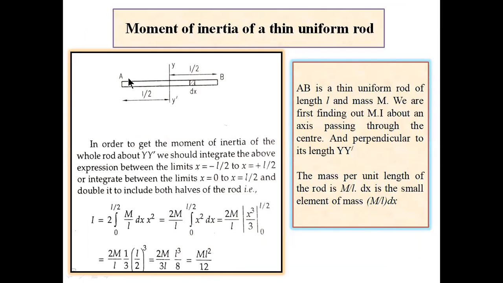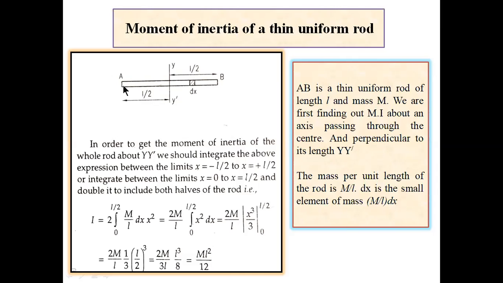Then what is the moment of inertia at the end of the rod? That is equal to M L square by 12 plus M R square, that is M into L by 2 whole square. So M L square by 12 plus M L square by 4. Add these two.